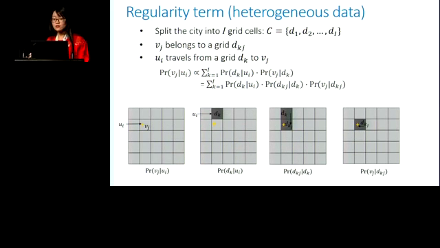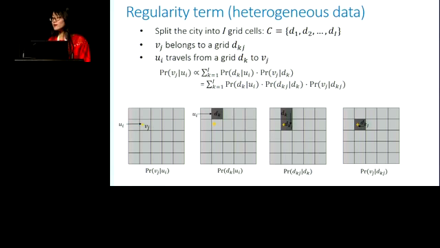Then we use the heterogeneous data to learn the regularity term. First, we split the city into I grids, and map these venues into these grids. Then we assume that venue V_j belongs to grid D_kj, and user U_i travels from a grid D_k to V_j.